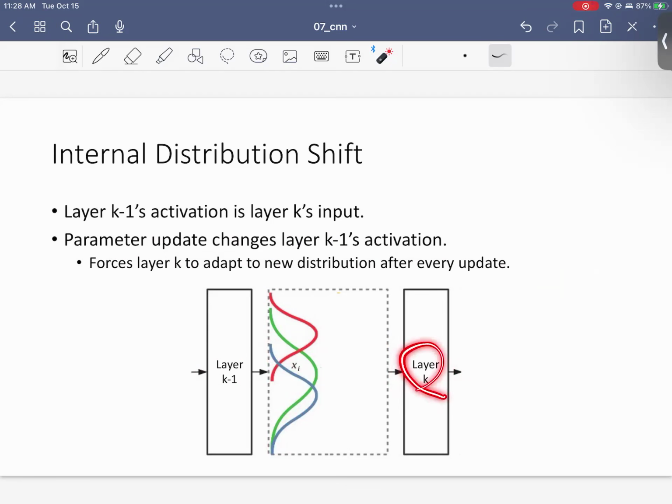If the output distribution from this layer was always this, then this layer's job would be way easier than having to adapt to a dynamically changing distribution, right? So that's the whole idea. This layer K-1's output changing at each mini batch update is called internal distribution shift.